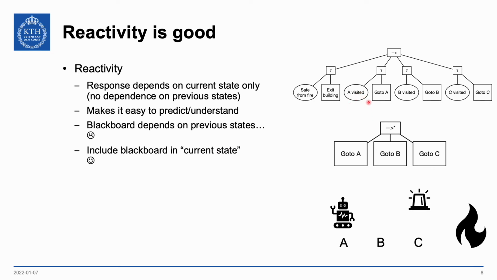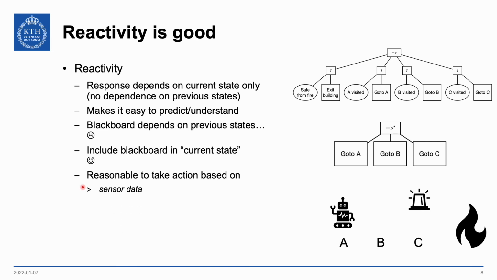Normally, you would have to visit A and B to actually do something, and then the world kind of changed, or you just checked that there were no bad guys at point A. Either way, you can argue that this is actually part of the world state. So if you include the blackboard in the current state of the world, you still have a reactive agent with designs like this, even having access to variables.